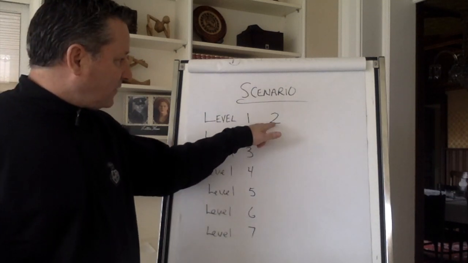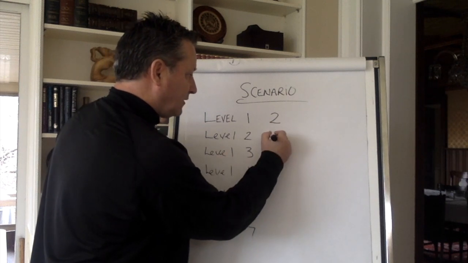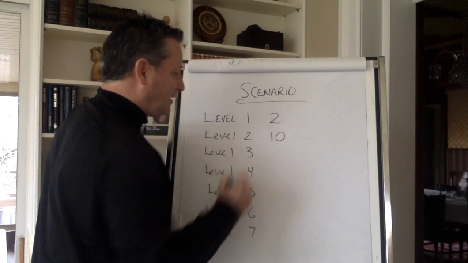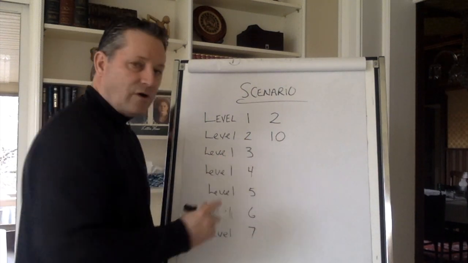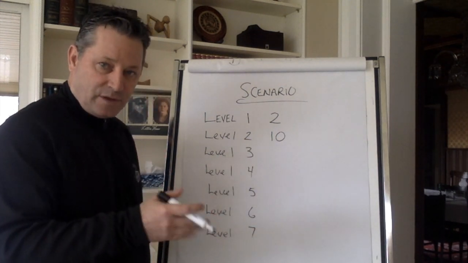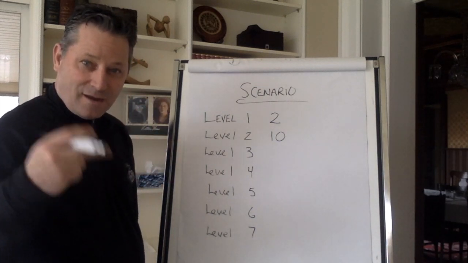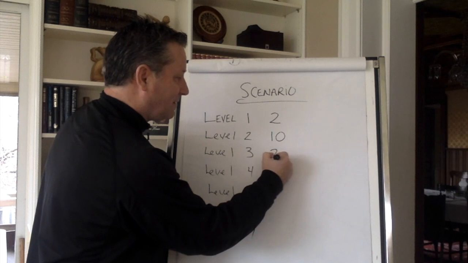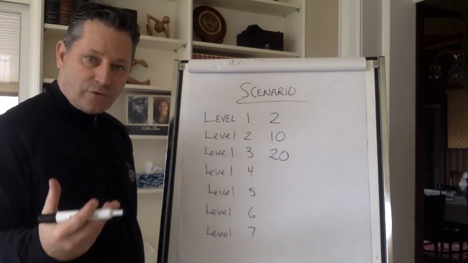So now, if that agent is a go-getter, that means that this agent who started this is going to have 10 agents on their second generation. If there's 10 agents on the second level, that means 20% of the 10 are go-getters. That's 2, and if those 2 each go out and get 10 in their first year or 2, that's 20 on the third level.